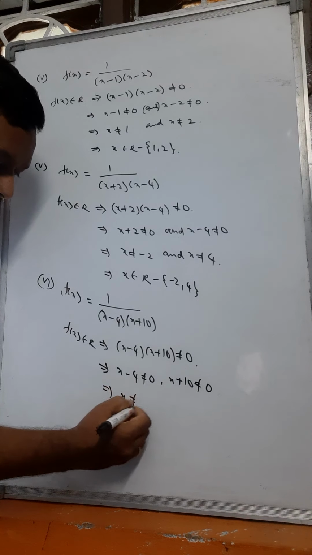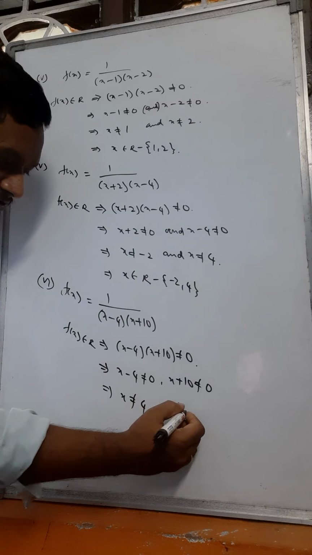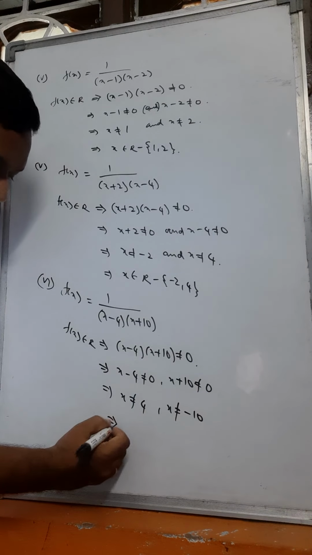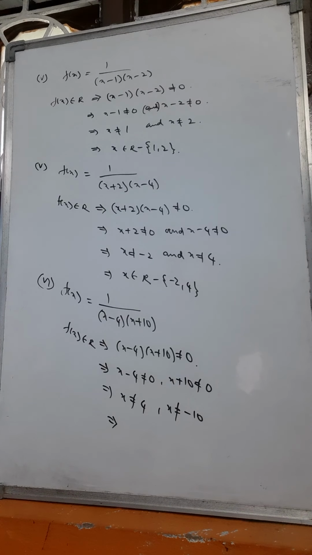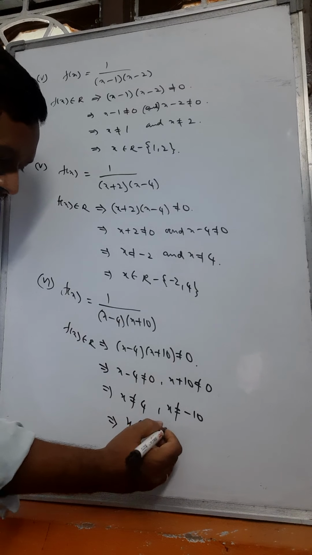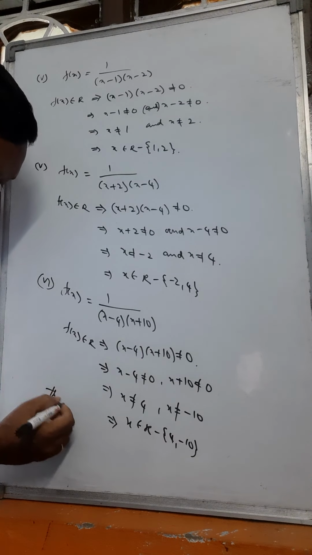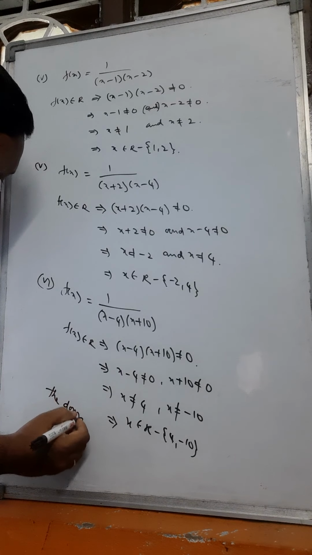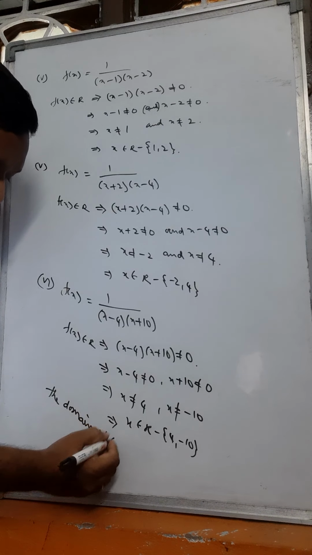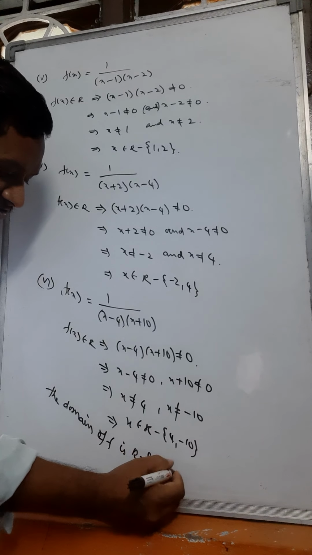X is not equal to 4 and x is not equal to minus 10. So except 4 and minus 10, x belongs to R minus {4, minus 10}. So the domain of f is R minus {4, minus 10}.